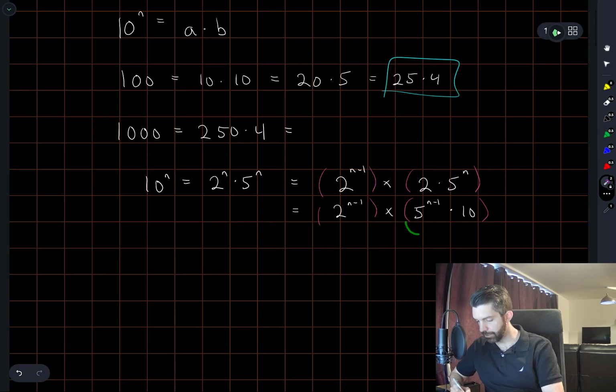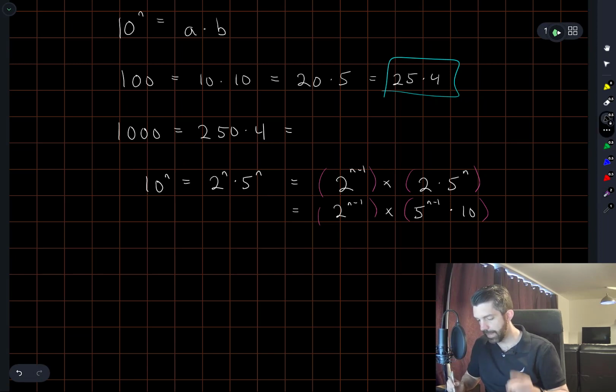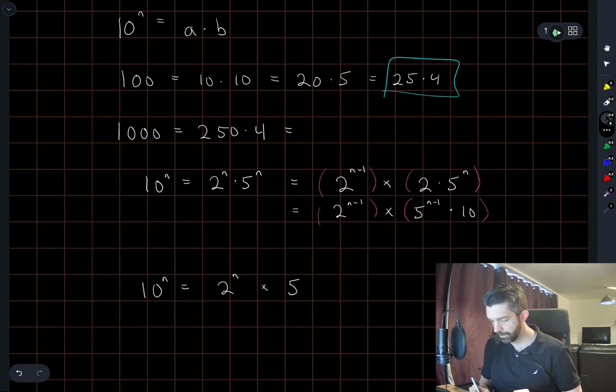So this number has a 0 in it because it's a multiple of 10. And so if we are to write 10 to the n as a product of two numbers that do not have a 0, it has to be written as 2 to the n times 5 to the n. The actual decomposition we need such that there are no zeros is 2 to the n times 5 to the n.